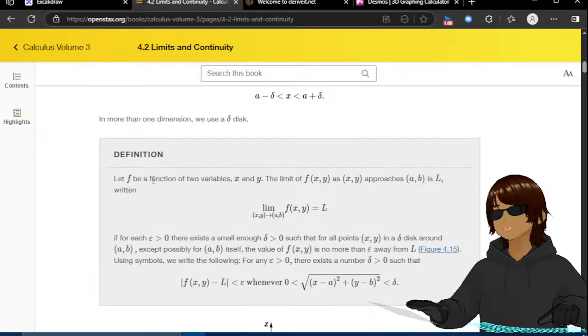So let f be a function of two variables, x and y.